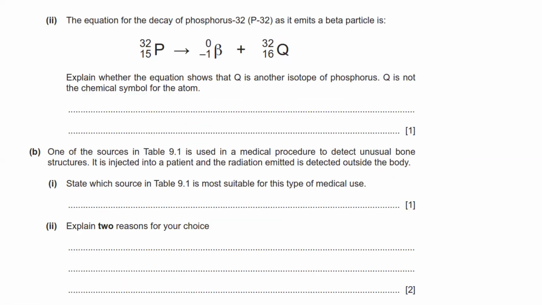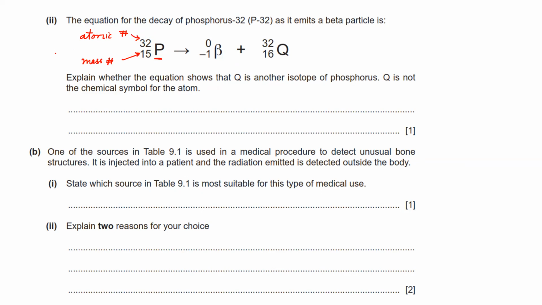Then part 2, it says the equation of decay of phosphorus 32 as it emits a beta particle is given. Explain whether the equation shows that Q is an isotope of phosphorus. Q is not a chemical symbol for an atom. So Q is an isotope or not? If we see P, the atomic number is this, mass number is this.